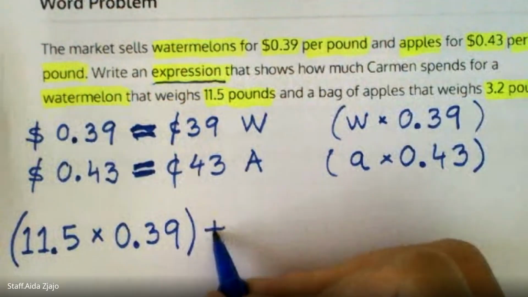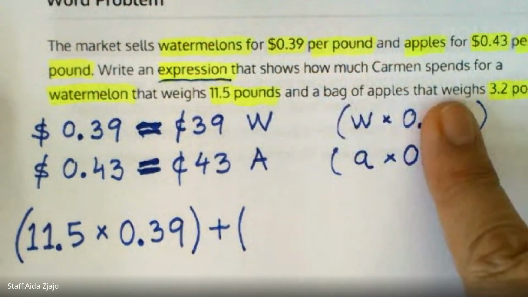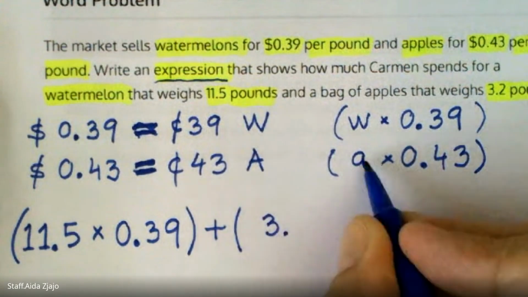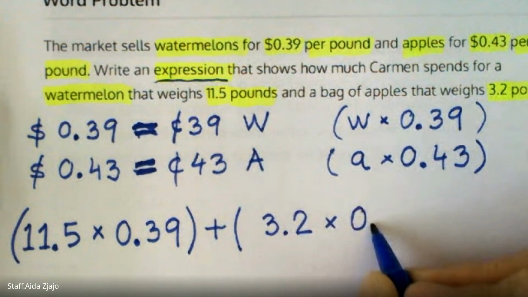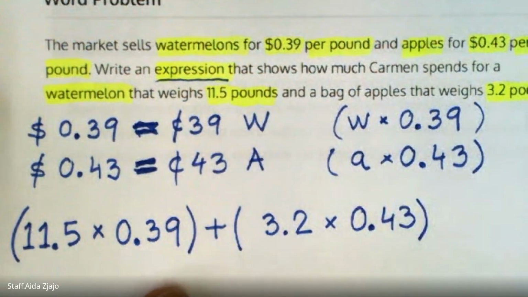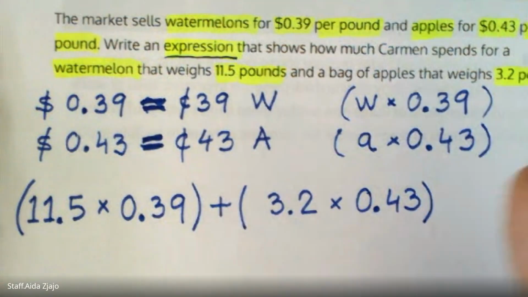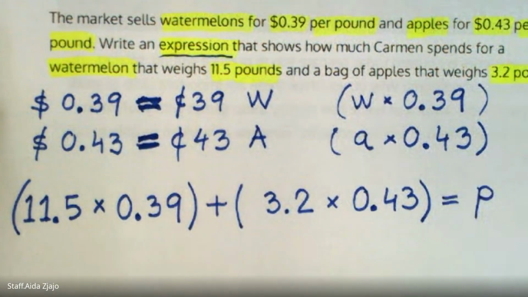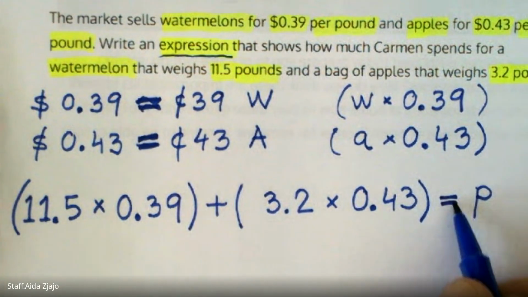Then plus she will pay for a bag of apples, and that weighs 3.2 pounds. So the weight of apples instead of A is 3.2 times 0.43. Okay, so this is the expression to find how much she needs to pay, P for the price of what she bought. And this is an equation because it has an equal sign.